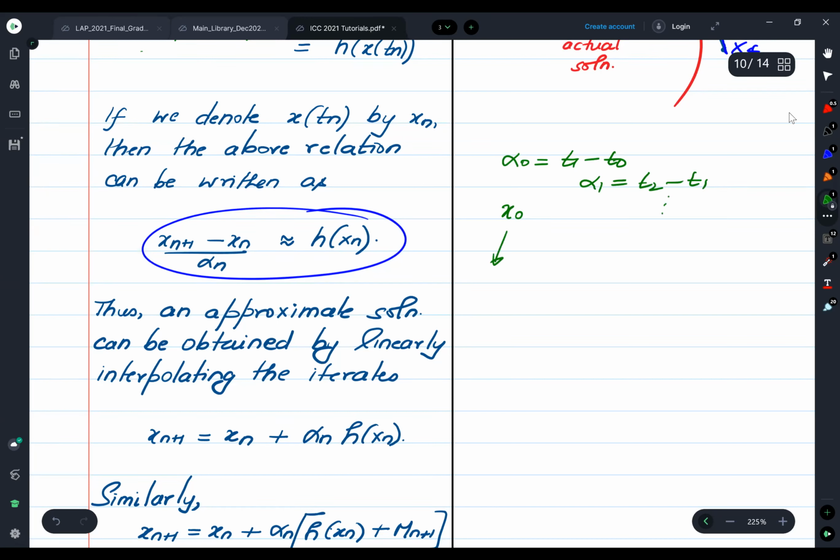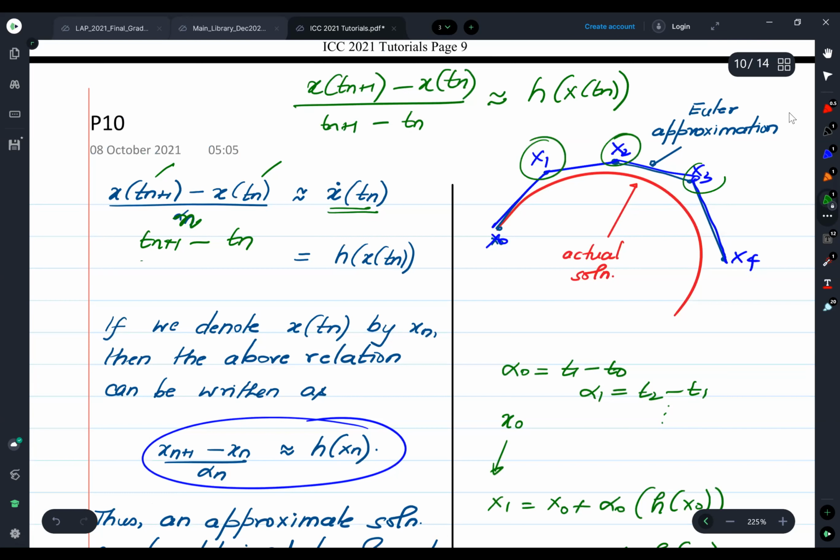From x0 you use this update rule: x1 is x0 plus alpha 0 h of x0, and then x2 is x1 plus alpha 1 h of x1, and so on. In this way you can compute this quantity, this quantity, and so on. And if you linearly interpolate them, the trajectory you end up with will indeed be an approximation to this.